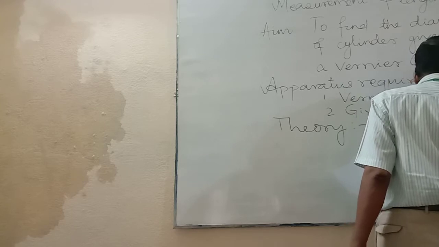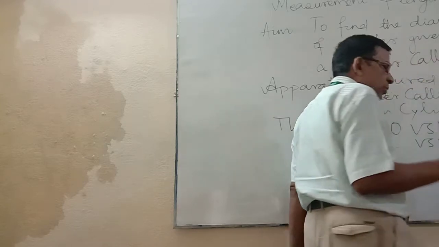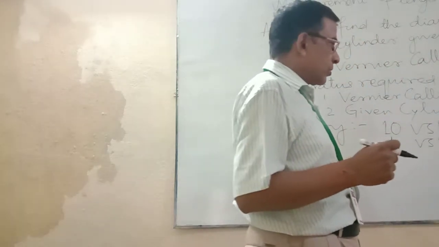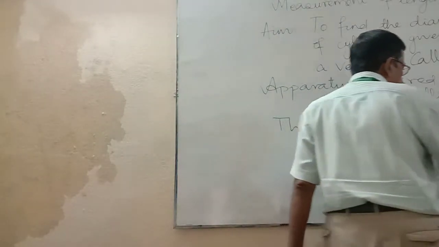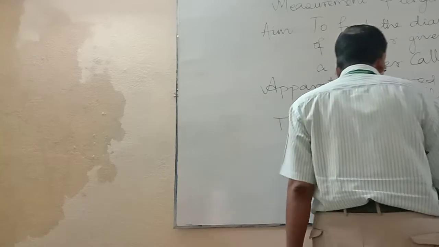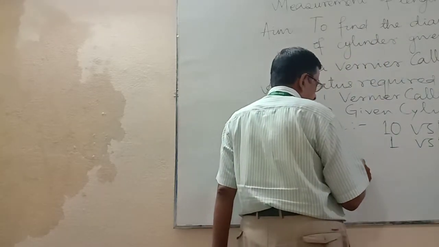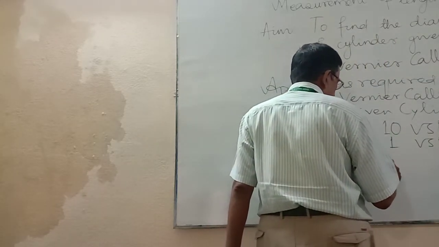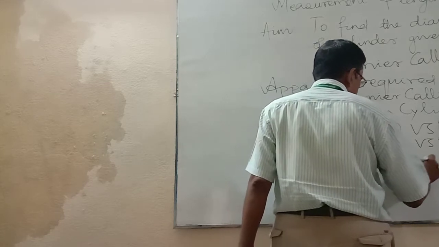As you know, 1 MSD, main scale division, equal to 1 millimeter. So what is vernier constant?